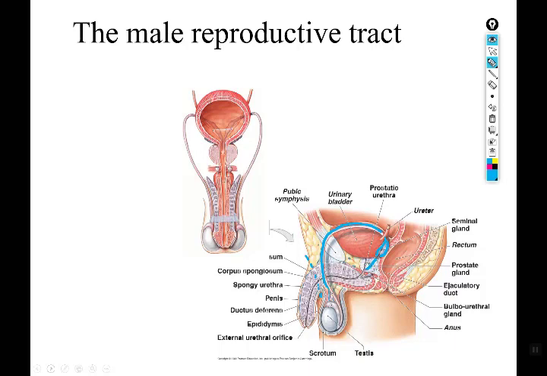That joins up with the prostatic urethra, which is the part of the urethra that goes through the prostate gland. And then after that, it becomes the membranous urethra, which is right here only. And then any part of the urethra that's in the penis is called the penile urethra. So that's what's there. Oh, here's the bulbourethral glands as well. So we're going to discuss the production of semen and how sperm eventually make it out of the penis.